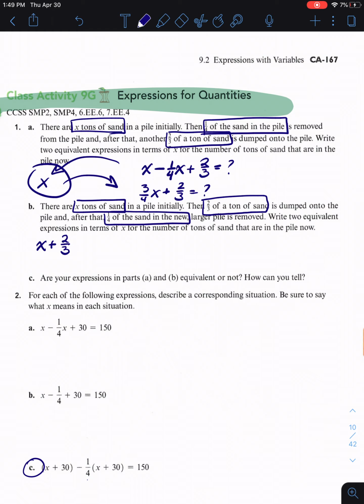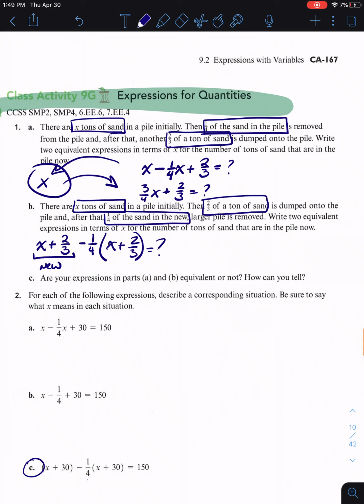And after that, a quarter of the sand in the new larger pile is removed. So we need to remove 1/4 of the sand that was in the new large pile. That's going to be our total amount of sand in the pile now.